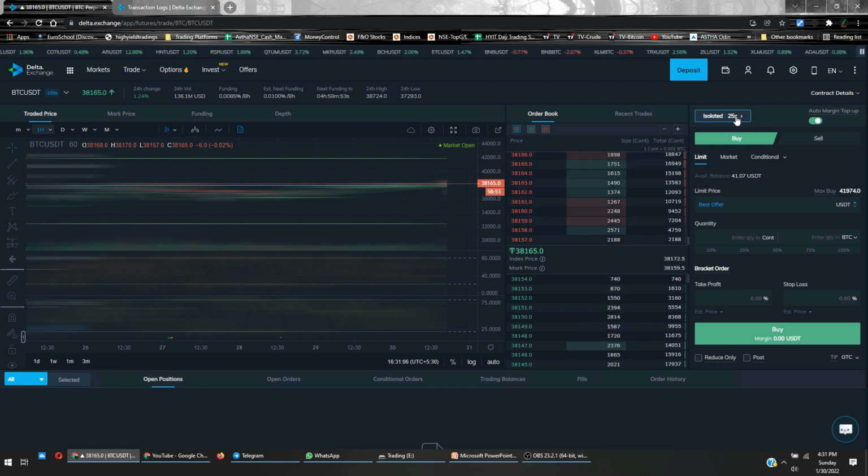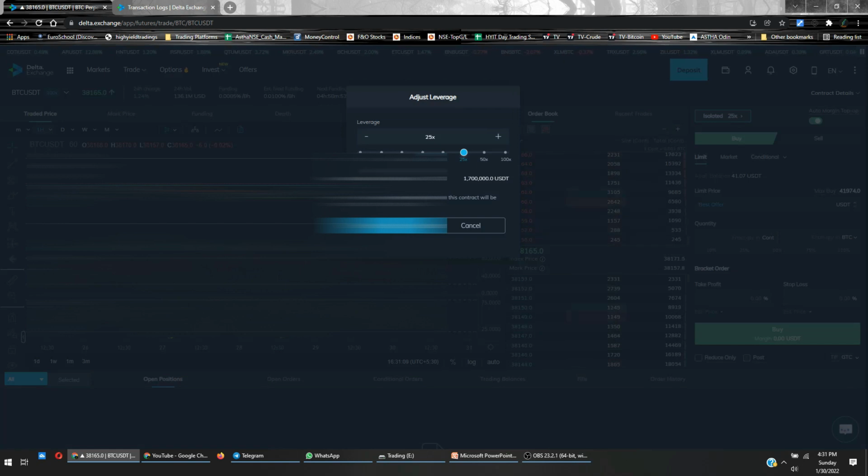Here if you click on it, Delta.Exchange provides you a leverage starting right from 1x till 100x, as you can see here. So choose the one which you want to use.